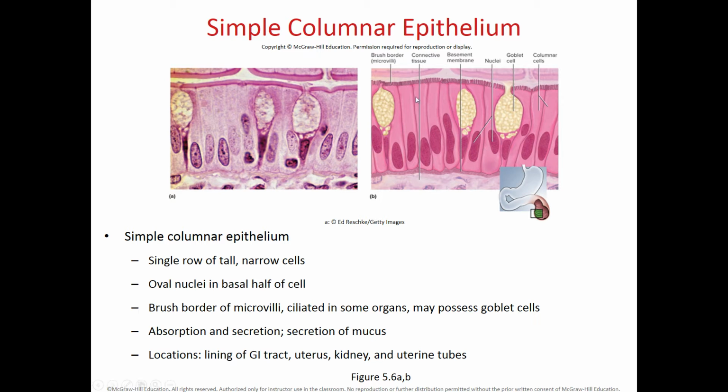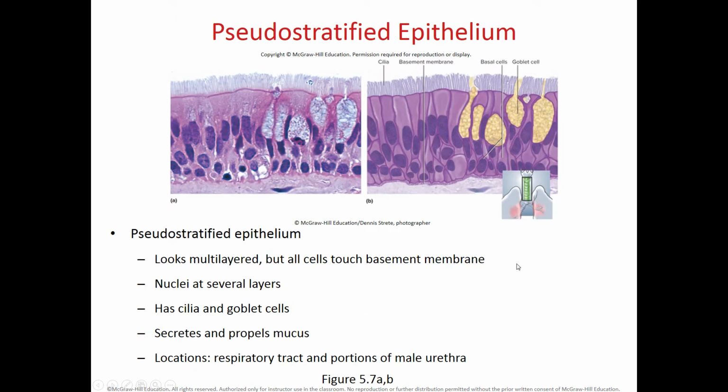Like in the case of this sample, you can look that it's coming from the intestines, the gastrointestinal tract. Pseudostratified epithelium is simple columnar, but like I mentioned before, the cells look like they are more than one layer, as you can see here. And of course you have goblet cells, and then you have, in this case, in the apical border, cilia. So this is called pseudostratified ciliated epithelium. That's the complete name.